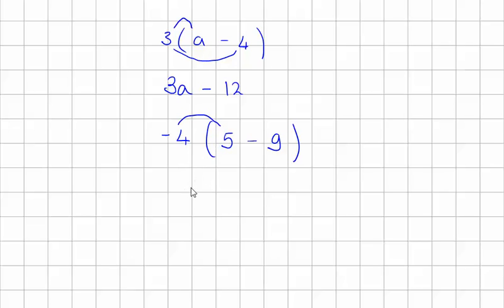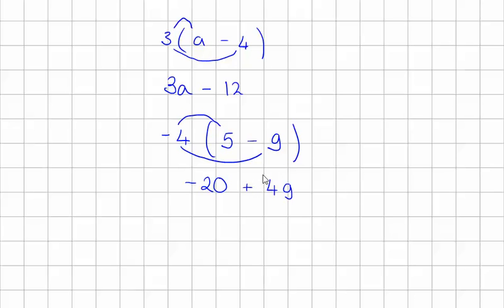Go on then, what's the answer? Minus 20 plus 4g. Why? Minus times a minus gives you a positive result. Okay?